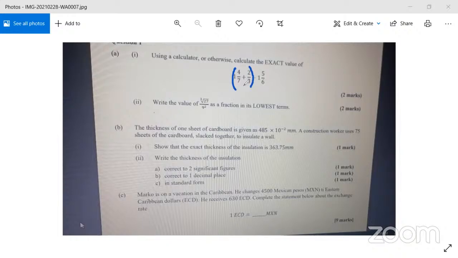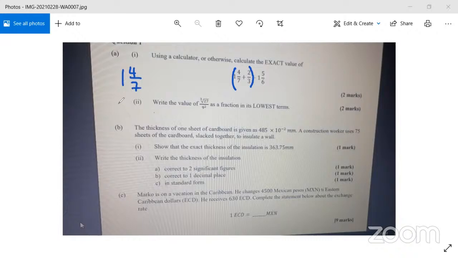And then of course you have 1 and 4/7, which would translate to 11/7 for those who probably struggle with turning these into improper fractions, right?